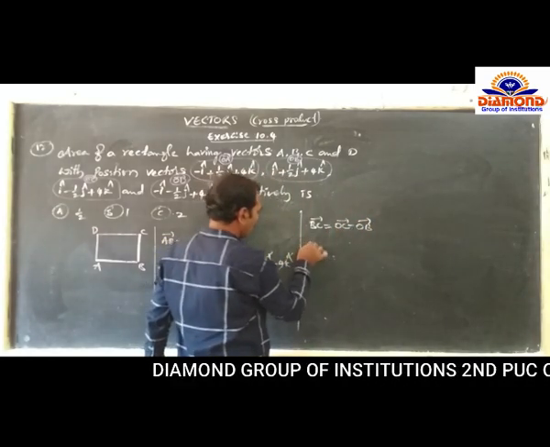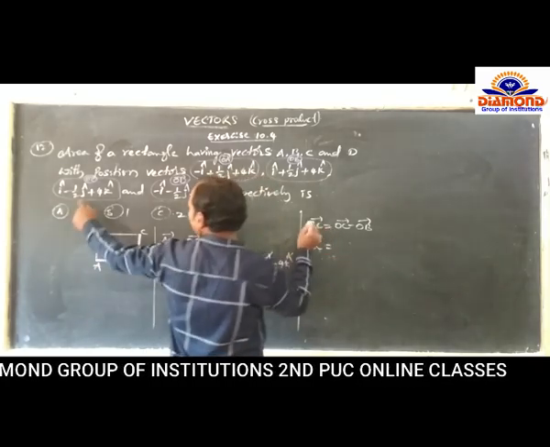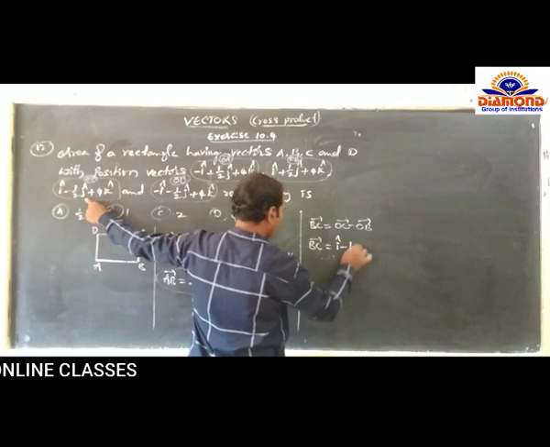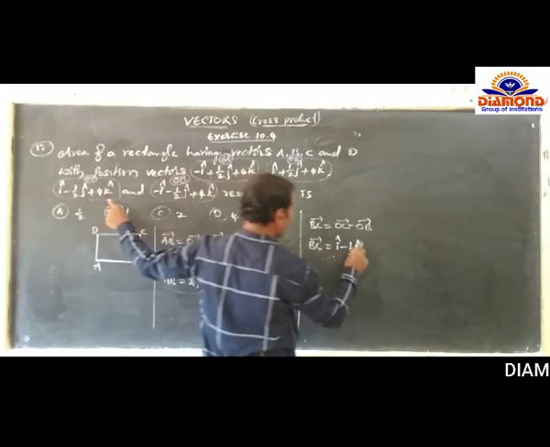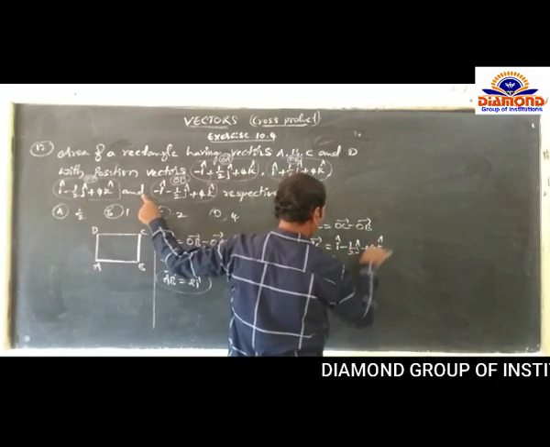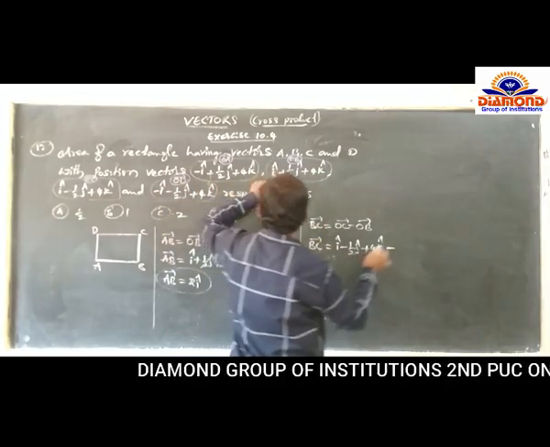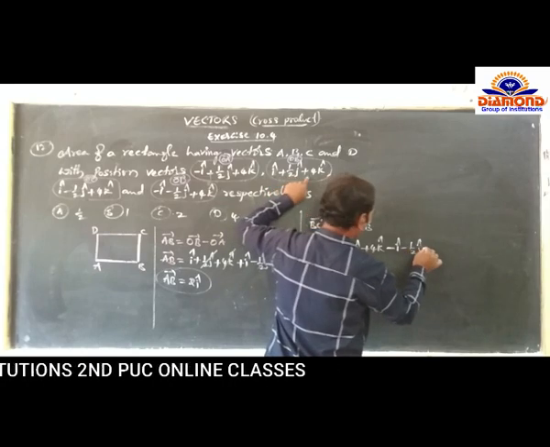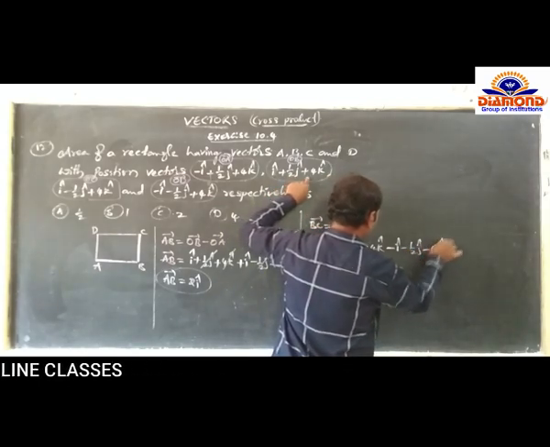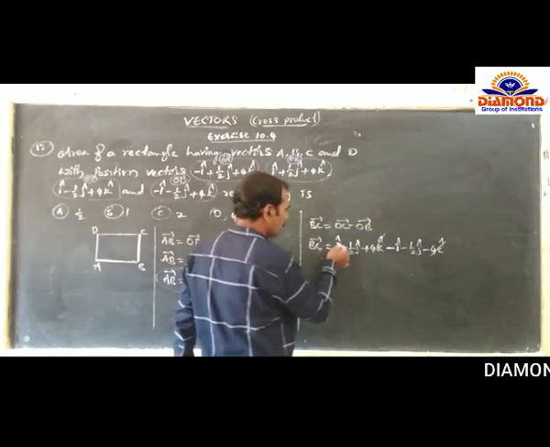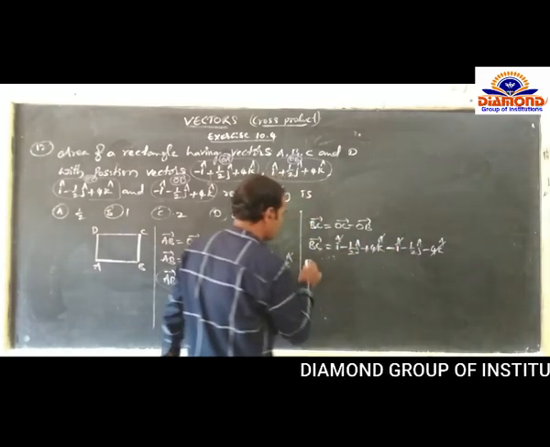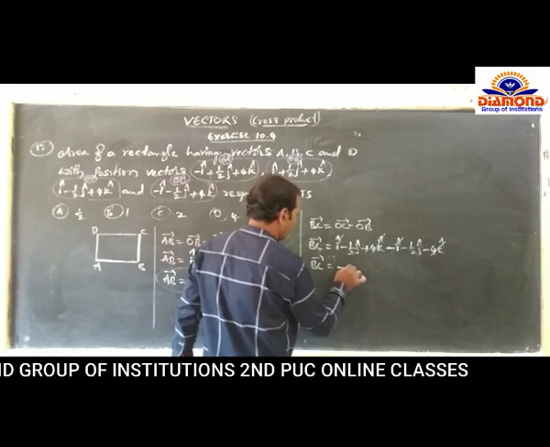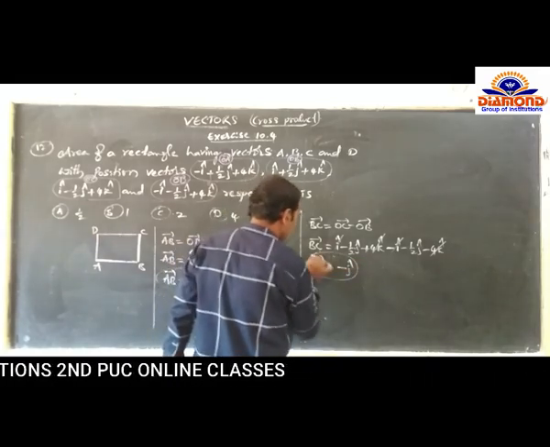So BC bar equals I cap minus 1 by 2 j cap plus 4 k cap minus I cap plus 1 by 2 j cap plus 4 k cap. Positive and negative cancel, I cap cancels. BC bar equals minus j cap.